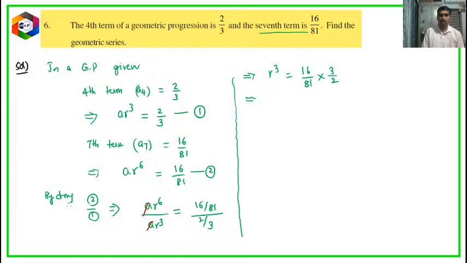So R cube is equal to, 2 8s are 16, 3 27s are 81, which will be 8 by 27. This can be expressed as 2 cube, and 27 can be expressed as 3 cube. 2 into 2 into 2 is 8, and 3 into 3 into 3 is 27.